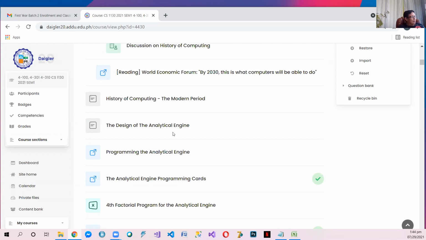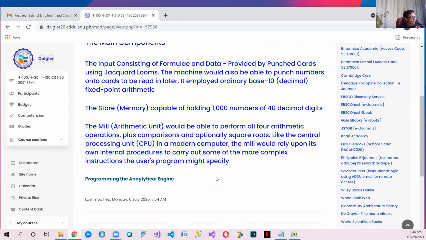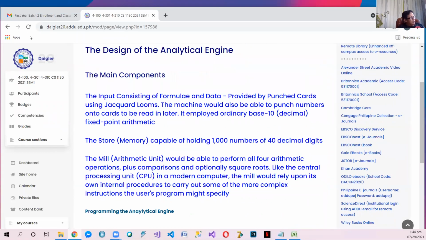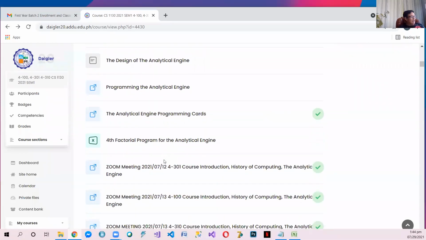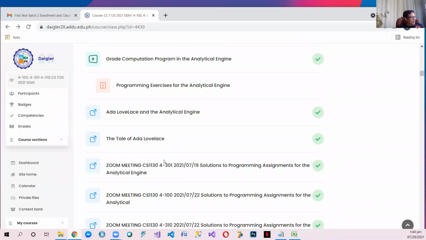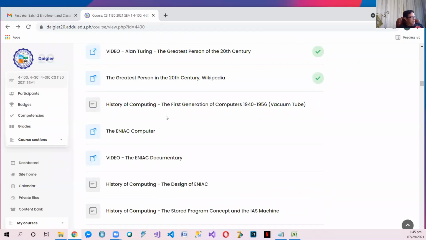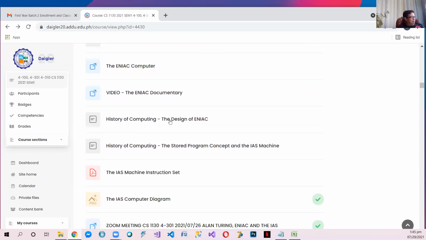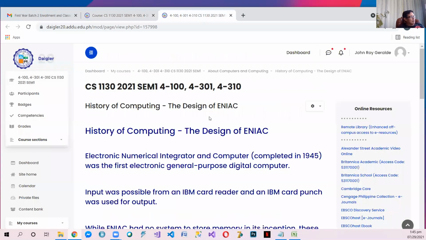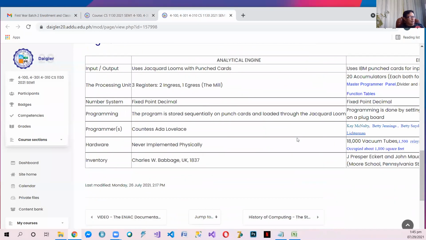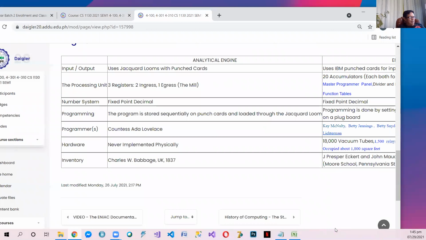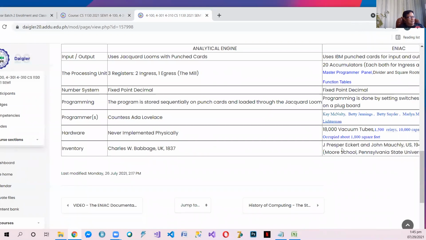From the description of the different sources on the web and in textbooks, the ENIAC, the Electronic Numerical Integrator and Calculator, is basically a decimal computer, so it's very much like the analytical engine.